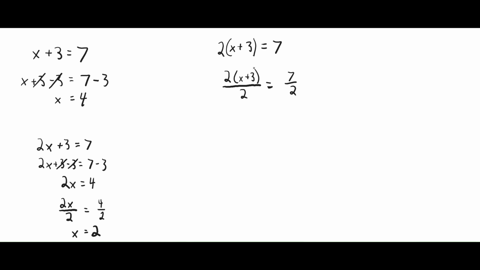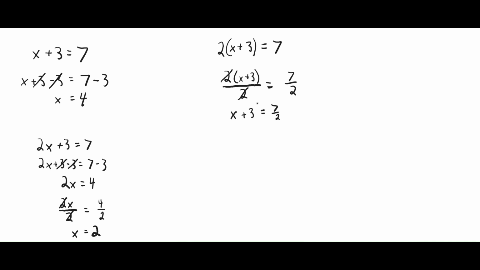If we multiply this bracket by 2 and divide by 2, it just leaves the bracket behind. One way to think of this is a 2 on top of that fraction cancels the 2 on the bottom. And we could have done that here as well. Okay, so the next line we would write on this problem is x plus 3 equals 7 over 2.